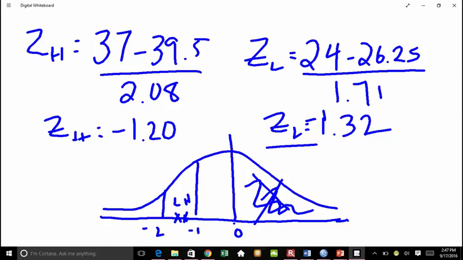So in this case, Lori's score is the more negative score, negative 1.32. She is the farthest below the mean, and so she's actually the better athlete of the two. Haley's score of negative 1.2, she's only 1.2 standard deviations below the mean. She's not quite as outstanding as her twin.